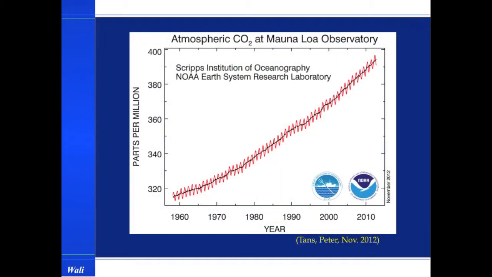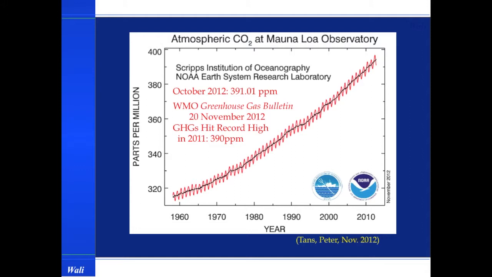So, here is the same. Our carbon dioxide concentration is increasing. In October 2012, it was at 391 ppm. The World Meteorological Organization, which supports climate change research to a great degree, says that the greenhouse gases hit an all-time high in 2011.